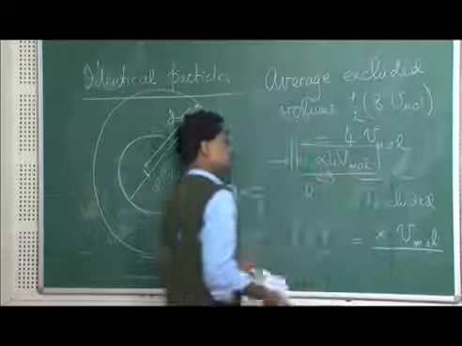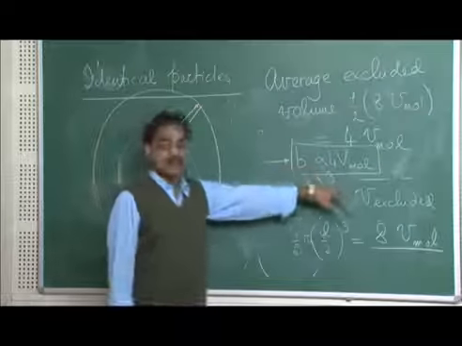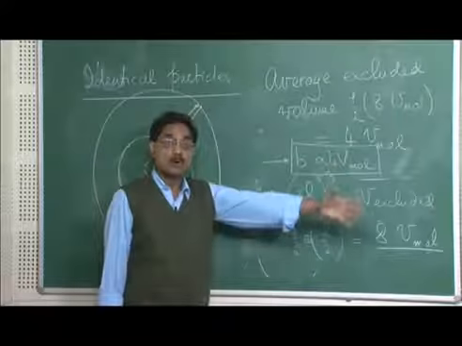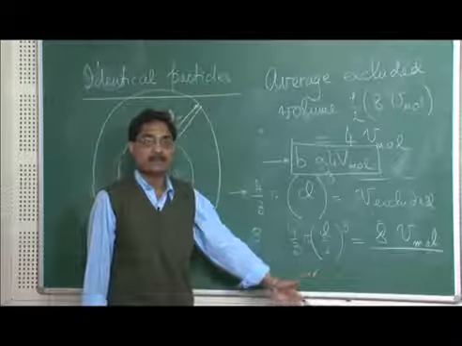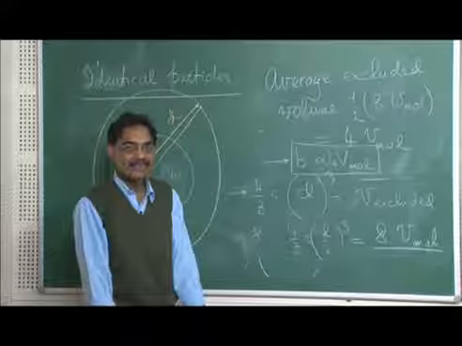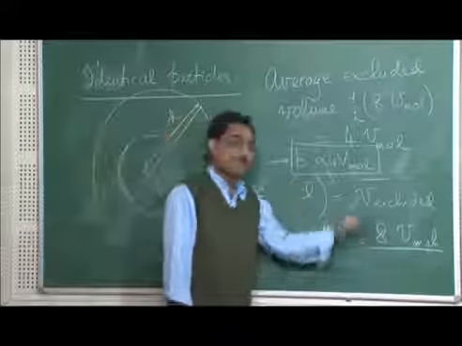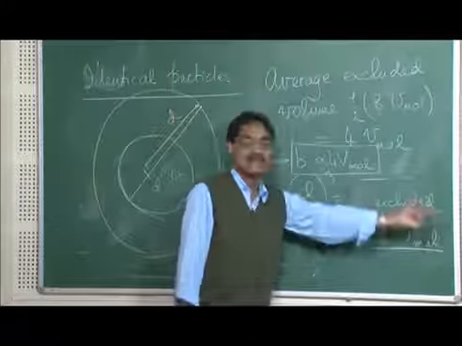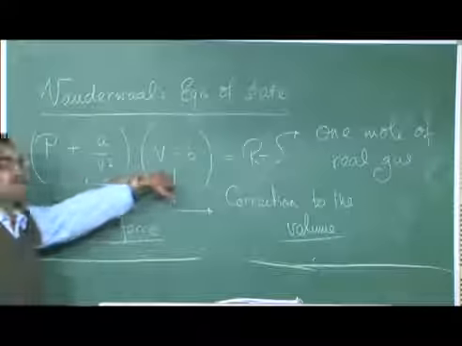Of course, the proportionality constant will have the number of molecules in the container. The more molecules I have, the more volume will be excluded, and we will have a serious correction to this term.